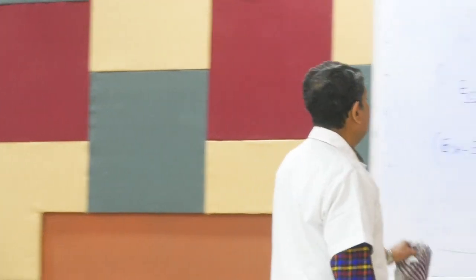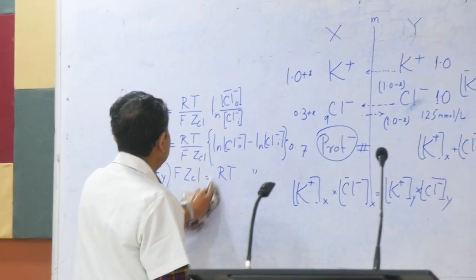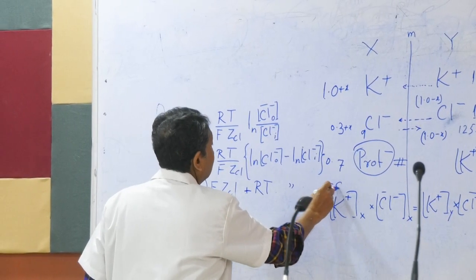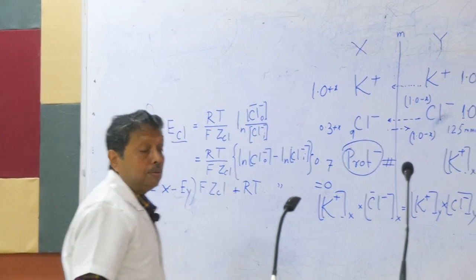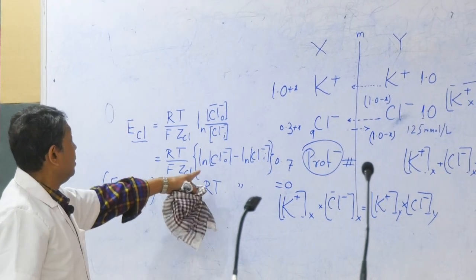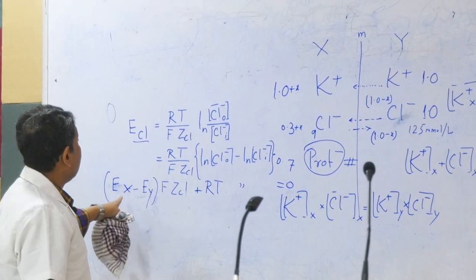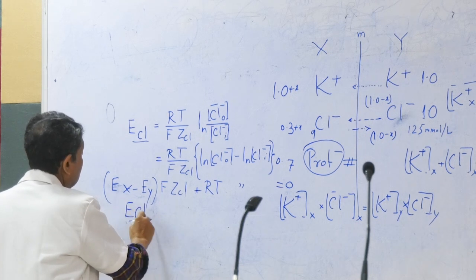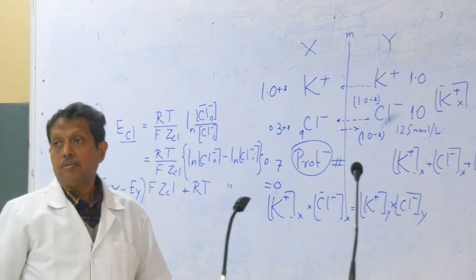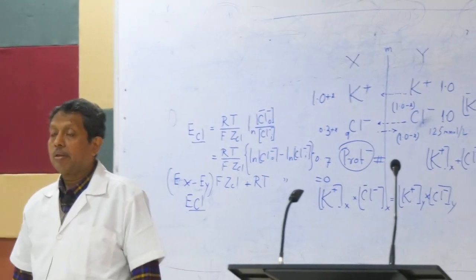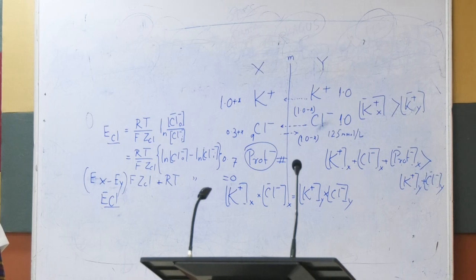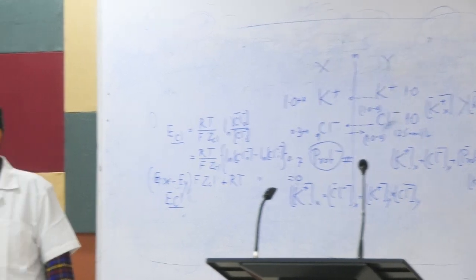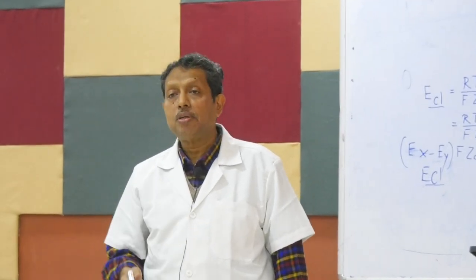And if you consider this plus this is equal to 0, then you can get this type of formula. That is the difference, and in that case you consider this is the ECl also. Go through books, but all the books are not available at any time to anybody.